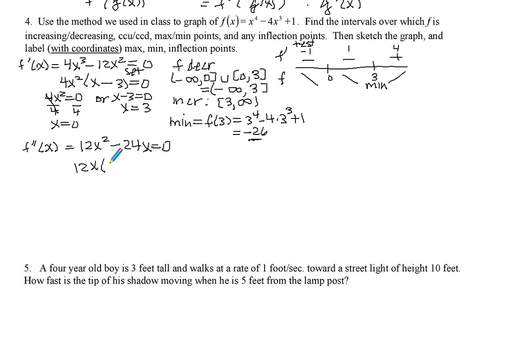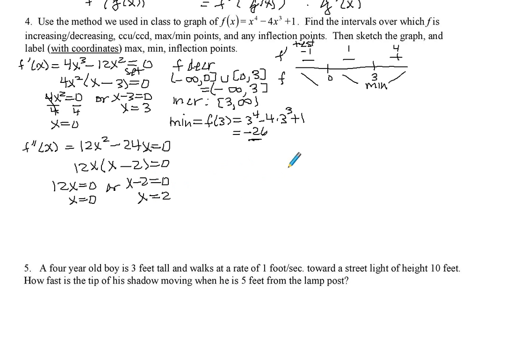That leaves an x here. And then a 2 here. So either 12x is equal 0, and divide both sides by 12, x equals 0, or x minus 2 is 0, in which case x equals 2.